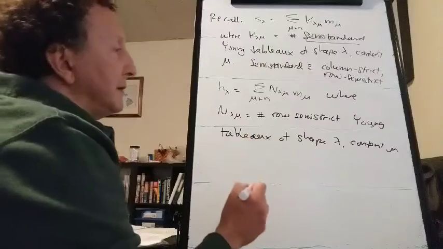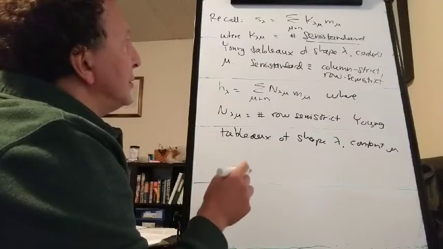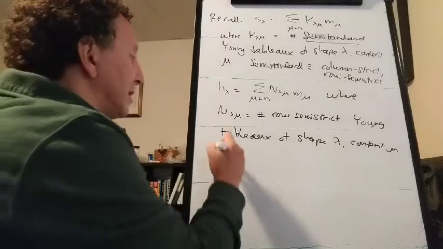Again, content mu means mu 1 1s, mu 2 2s, mu 3 3s, etc.